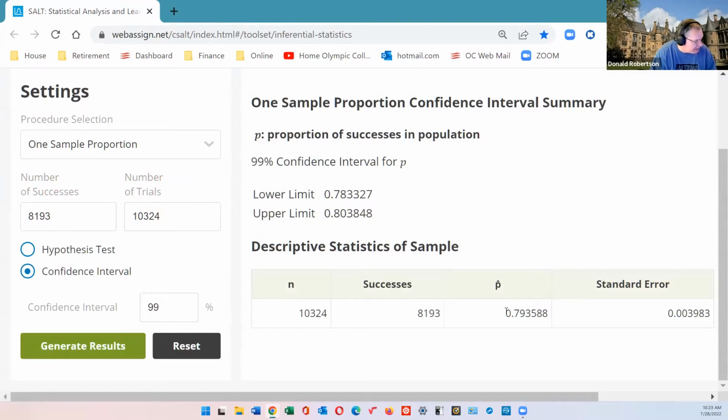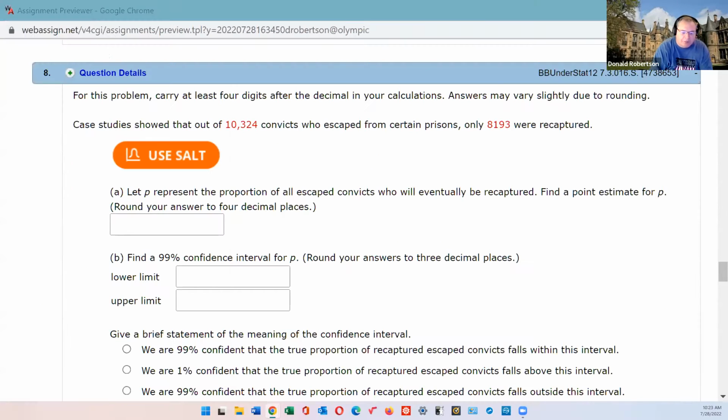So p hat is about 79% of them get caught, right? Fair enough. And based on this sample, we have a lower limit of this guy and an upper limit of that guy. So I'm now going to put those numbers in and see what they might round off to.